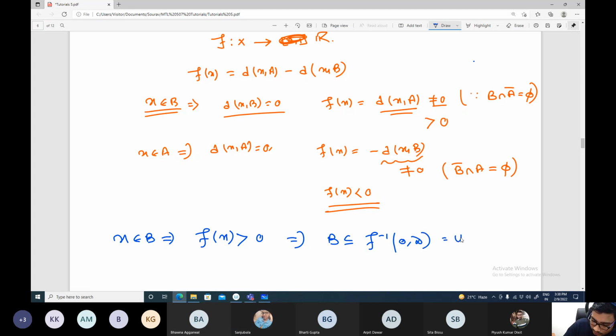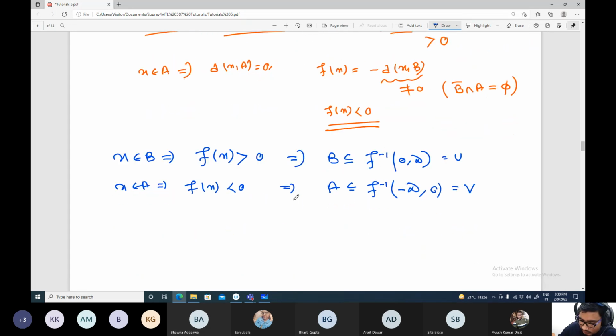This is say our U. And x belongs to A implies f of x is less than 0, and this implies A is a subset of f inverse of minus infinity comma 0, so our V, right?